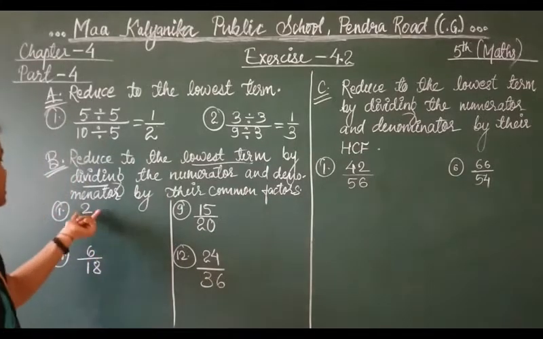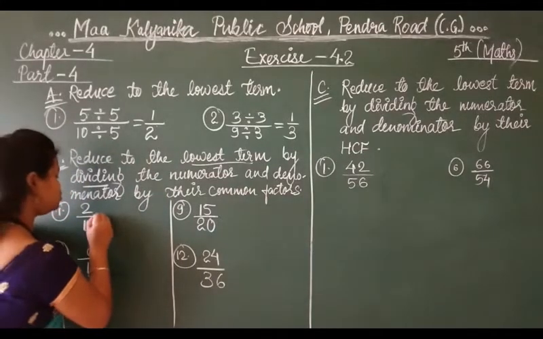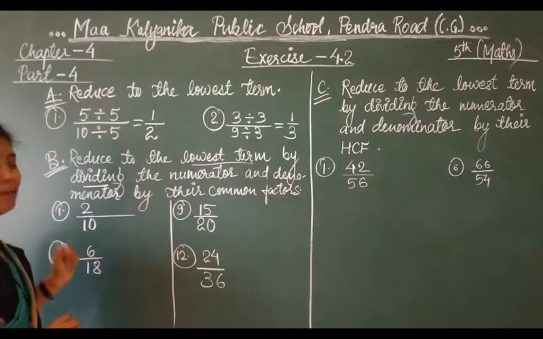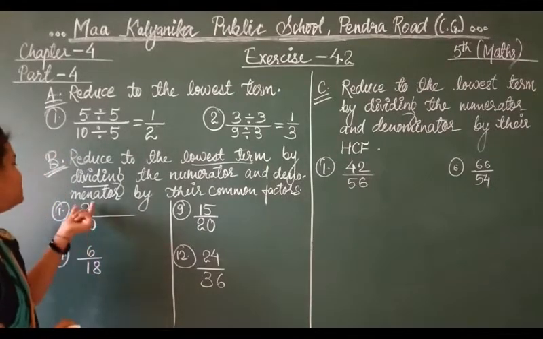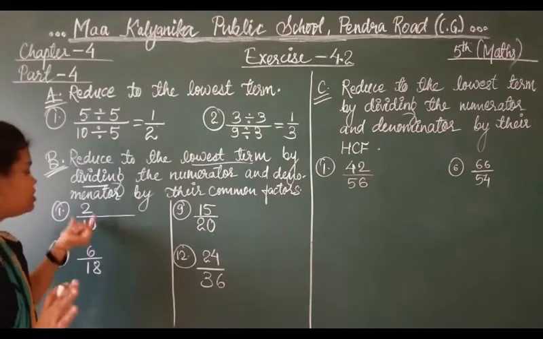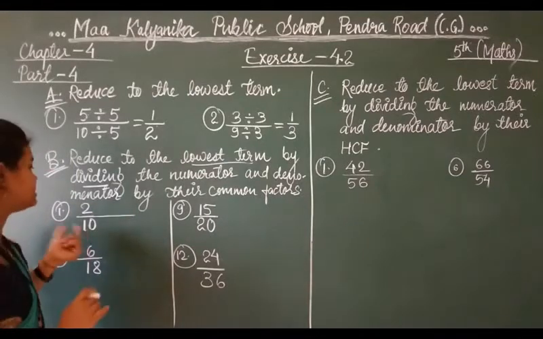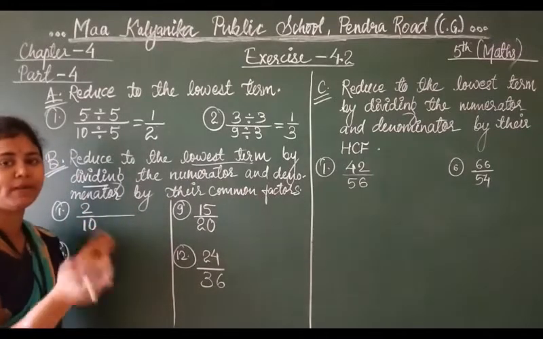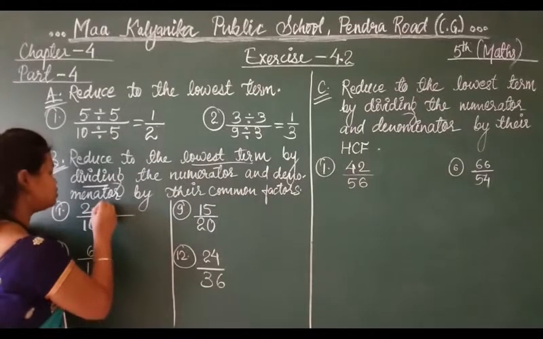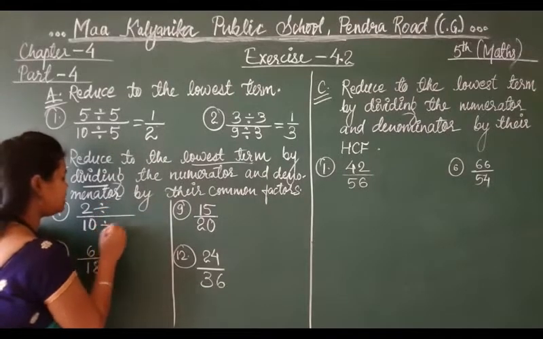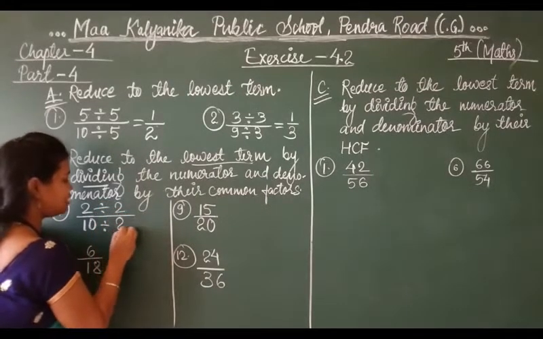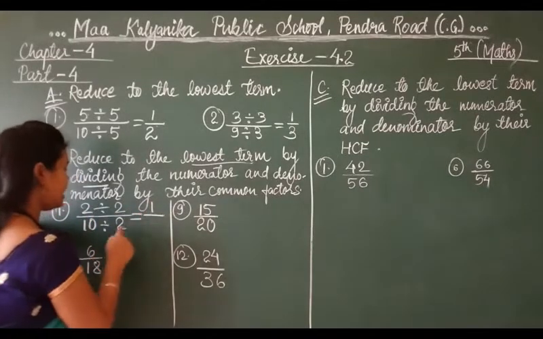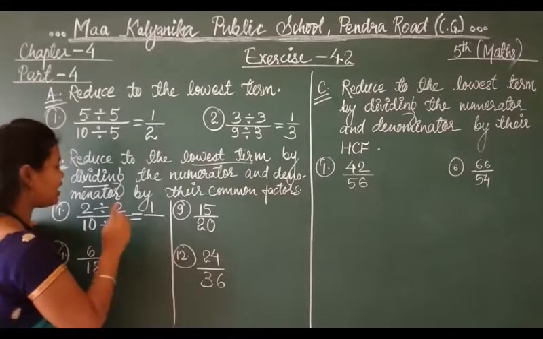Students, see here 2 by 10 is given. If I take the common factor 2, can 2 divide both the numbers 2 and 10? Yes, but further it cannot be divided because we will receive 1. So division sign by 2 and here also by 2. 2 divided by 2 is 1 and 10 divided by 2, 2 fives are 10.